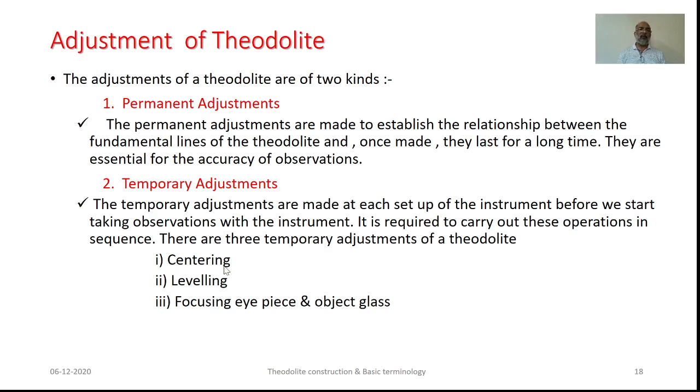Once again, I would like to recall: centering, we already discussed. Leveling, you know how to level by making use of leveling screws, as well as removing the parallax. We have already discussed in detail the presentation related to leveling.